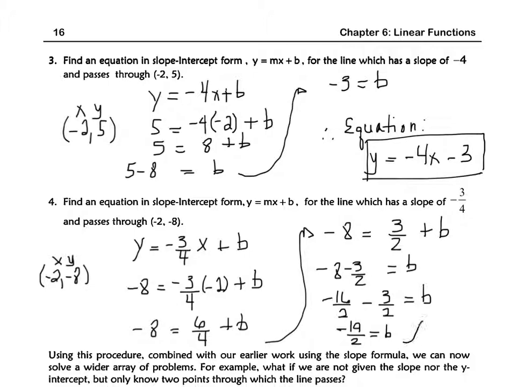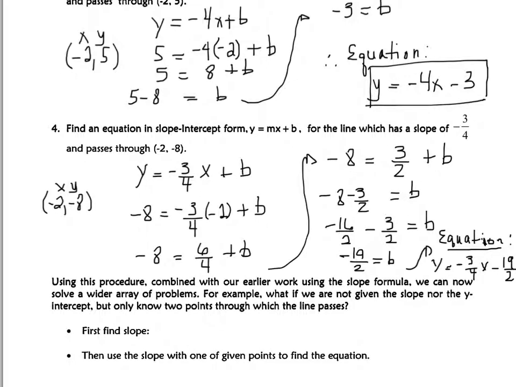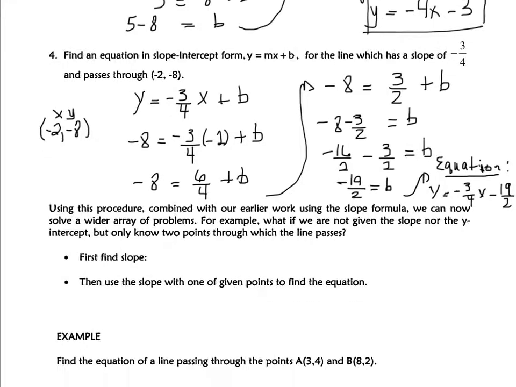And that means that our equation would be y equals negative 3/4 x minus 19 over 2. Okay.